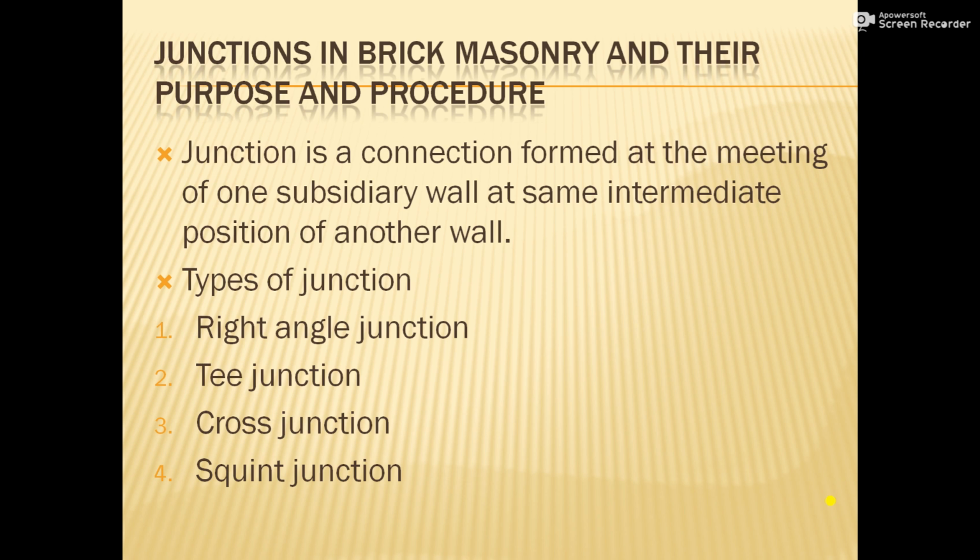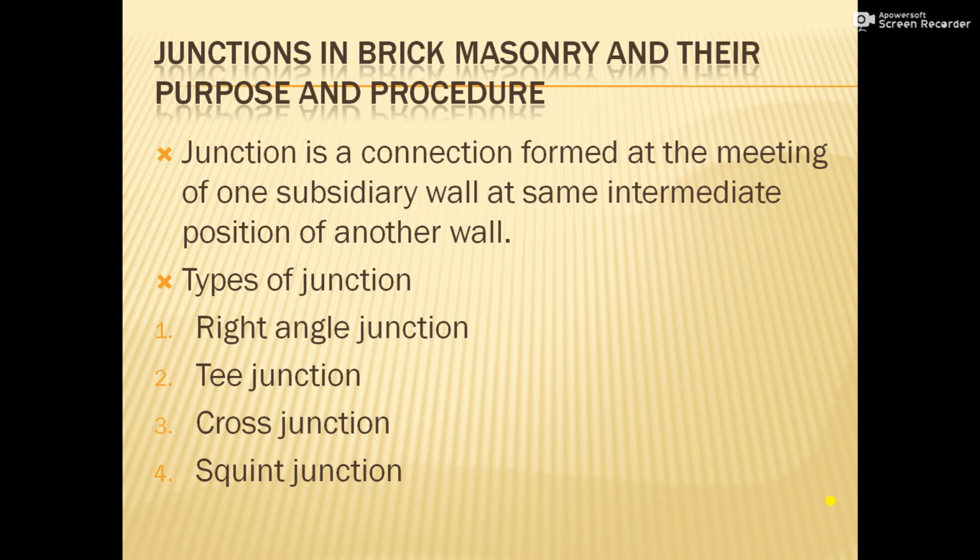Right angle junction: when the main wall intersects the subsidiary wall at a right angle, 90 degrees, that junction is known as a T junction or right angle junction. The cross junction is formed when one main wall crosses another wall of smaller thickness.